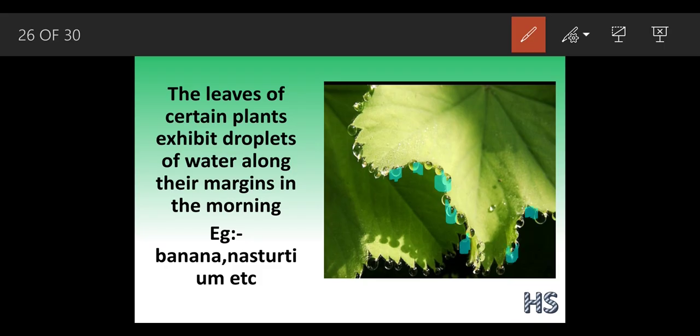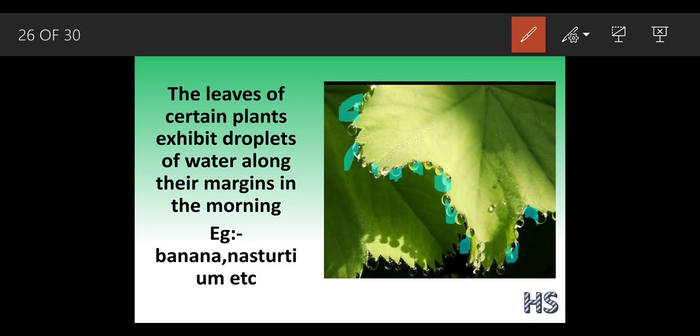We have discussed the stomata and the cuticle also, but this is about the margins. Here there is no role of stomata and cuticle. Here they lose the water from the margin.